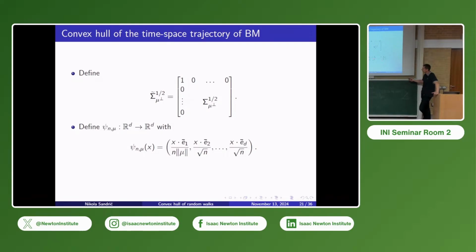And what is this scaling mapping? This is nothing else than the diagonal matrix. Okay, so in the first position we have 1 over n times norm mu, second position 1 over square root of n, and so on. And the determinant of this diagonal, well, first of all, volumes are invariant under rotations, orthogonal transformations.